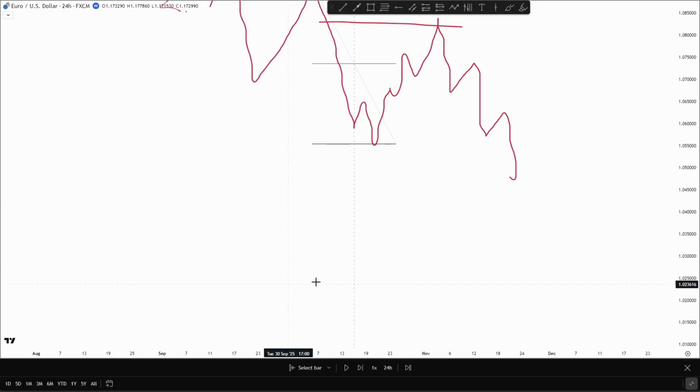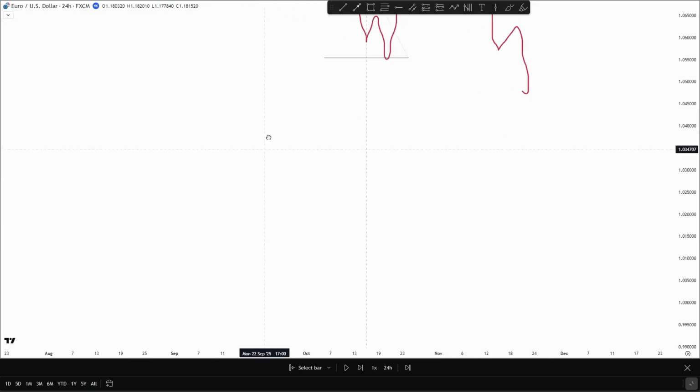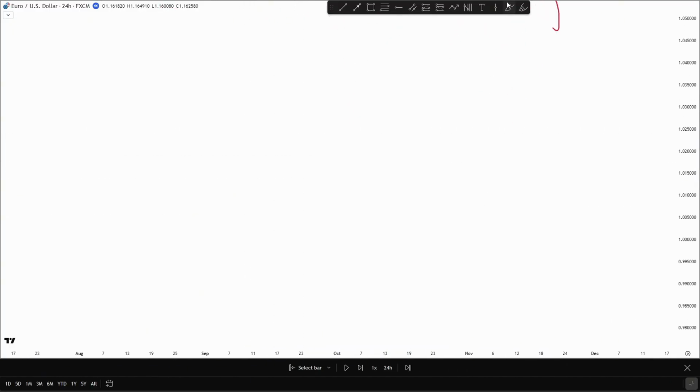The third scenario is a bit more interesting than the previous two, and it's also the one that we had this past week. Let me first draw it out for you.